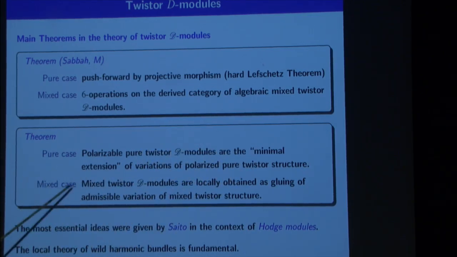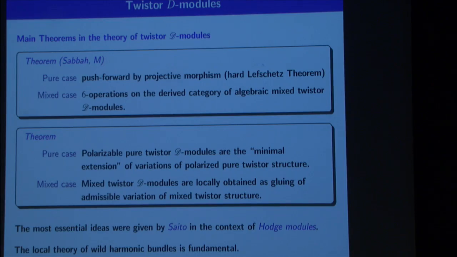And in the mixed case, mixed twistor D modules are expressed, at least locally, as the gluing of admissible variations of mixed twistor structures. These are the twistor version of the theorem for Hodge modules, and the most essential ideas were given by Morihiko Saito in the context of Hodge modules.